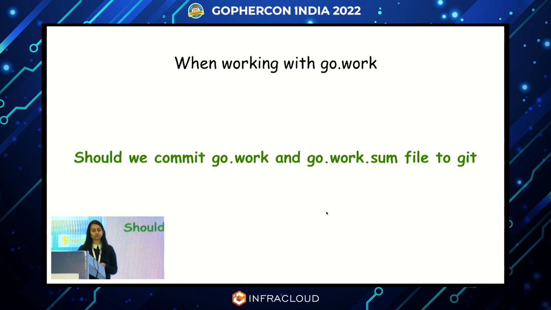Because you can have a different dependency configuration and your fellow developer may not have the same, so it will cause errors in their code. So it's recommended that you do not commit this file to Git. It is not enforced yet, but it is in progress. So you have to remember this and add it to the gitignore file so that you do not commit this file to Git.